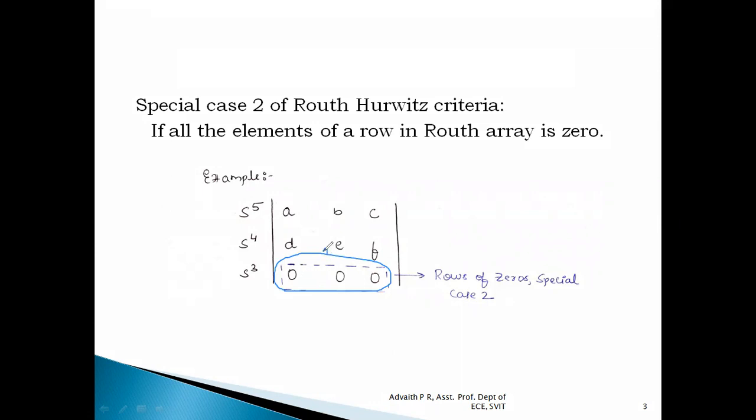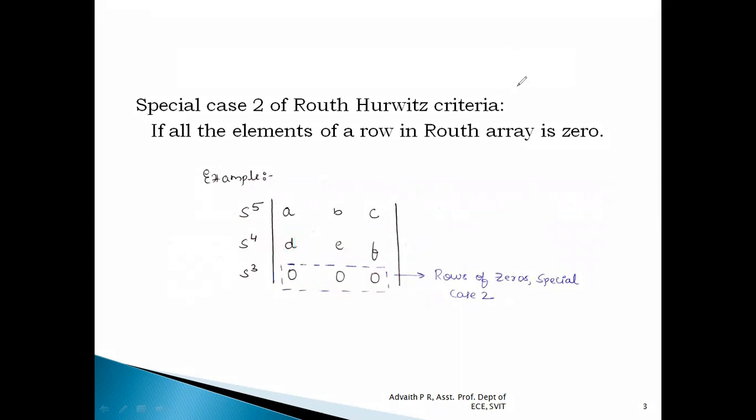Just above this row, we have coefficient D, coefficient E, and coefficient F. Using these coefficients, we will form an equation, and that equation is termed the auxiliary equation.